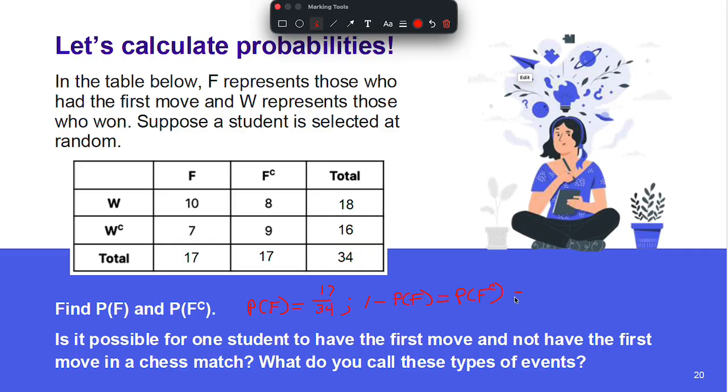So the probability of F complement is also 17 out of 34. What do you call these types of events? Well, these are events that are complements of each other. They either move first or they didn't move first. And it just happened to be, since these were both the same, that the probability is the same of whether they move first or didn't move first.